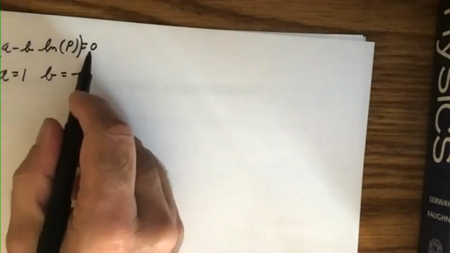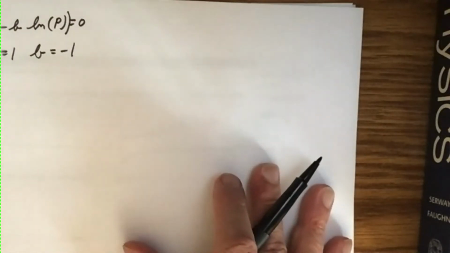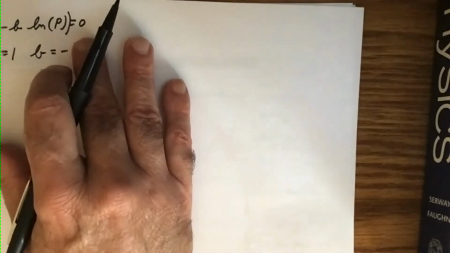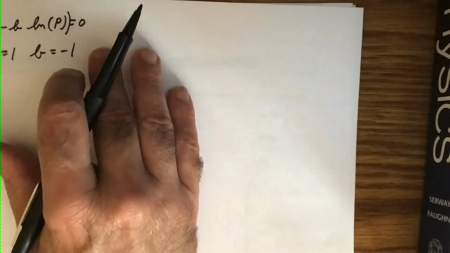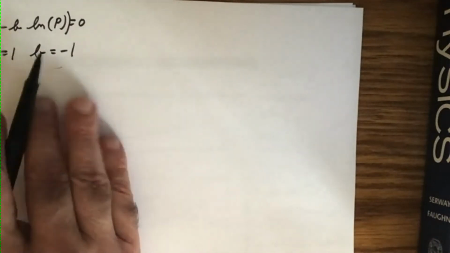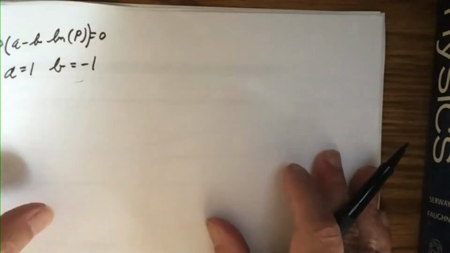We find critical points just like in calculus 1, by setting it equal to 0. So try to do this problem now. Draw the phase portrait diagram where A is equal to 1 and B is equal to -1.